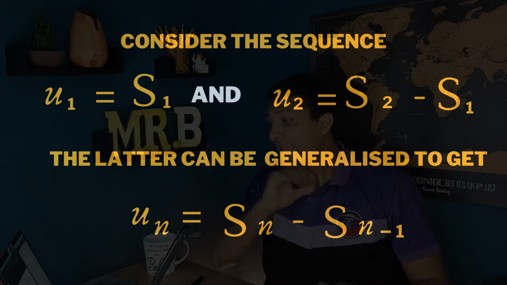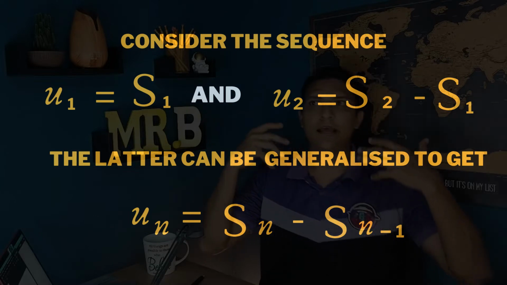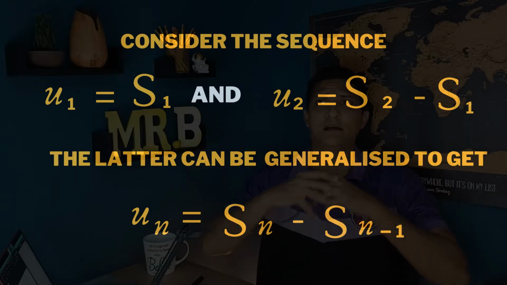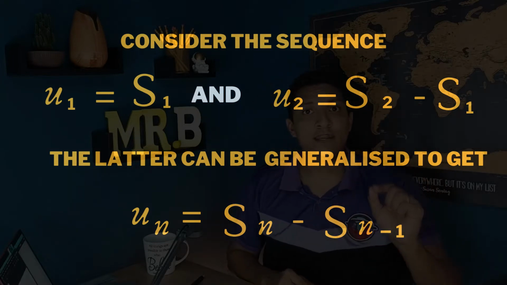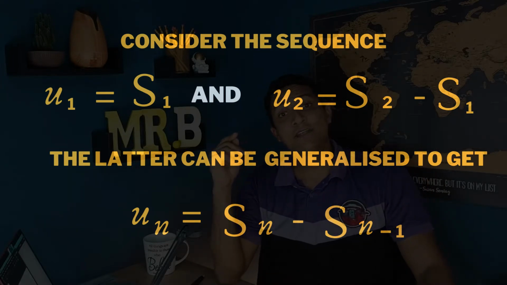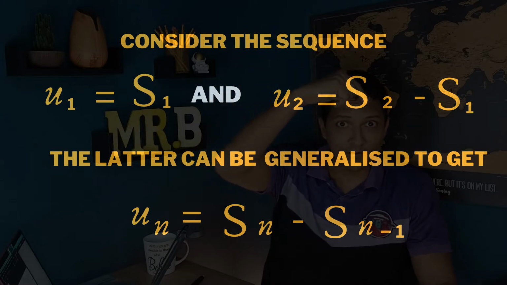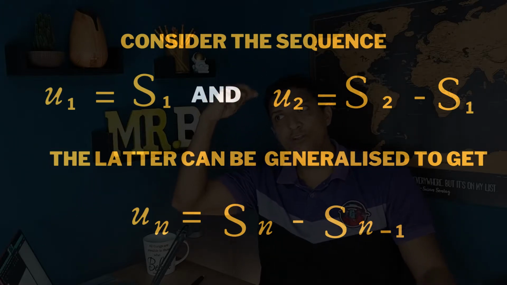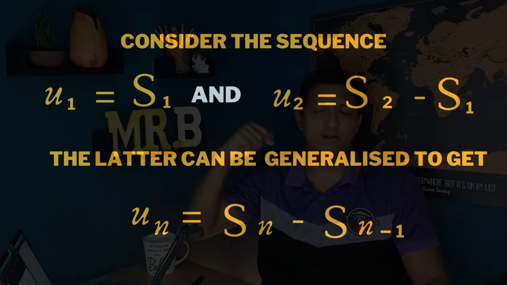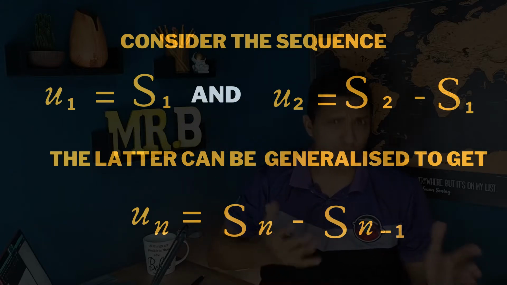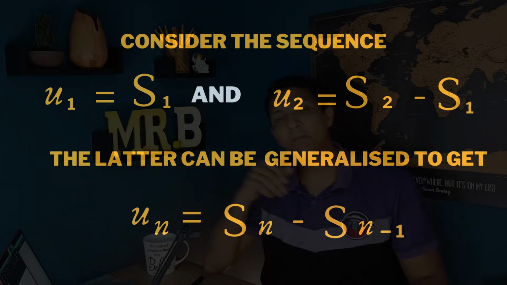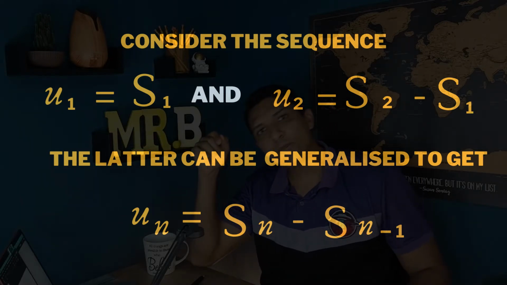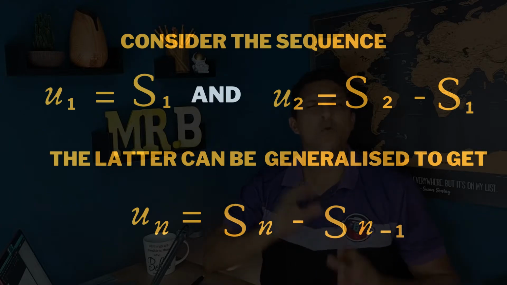If we think of this as a general idea, every time you want to find un and you have the sum until that number and the sum until the number before that one, you only need to subtract. So in other words, un equals Sn minus S sub n minus 1. We're going to see that in a bit, so no worries.